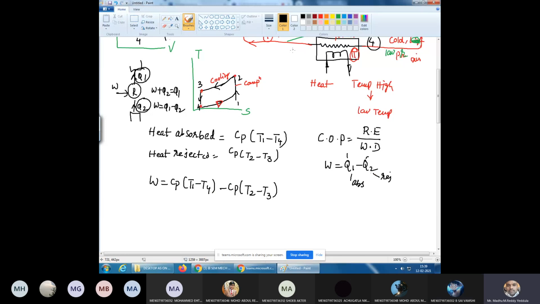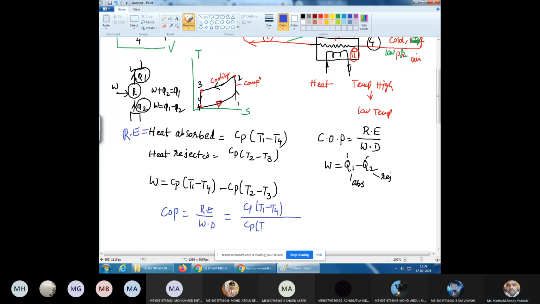Therefore COP equals refrigerating effect divided by work done. This heat absorbed is nothing but my refrigerating effect only. This is the evaporator. Yes or no? So therefore COP equals Cp into (T1 minus T4) divided by the work done.